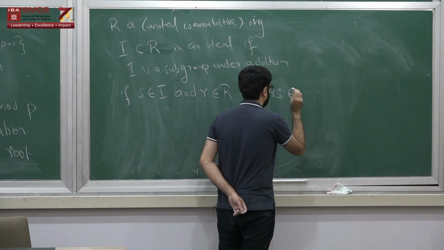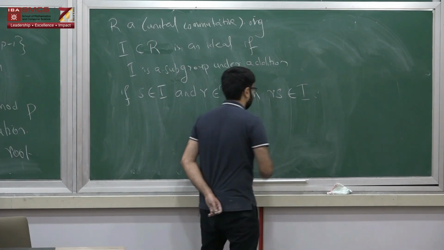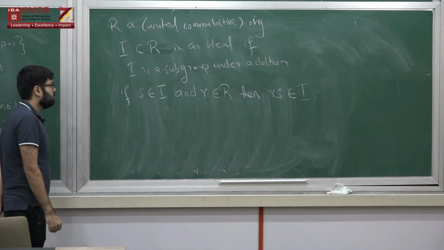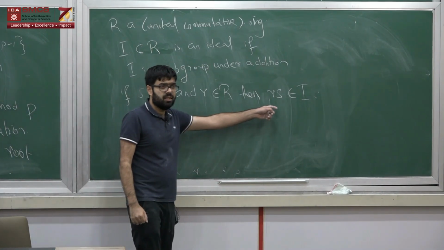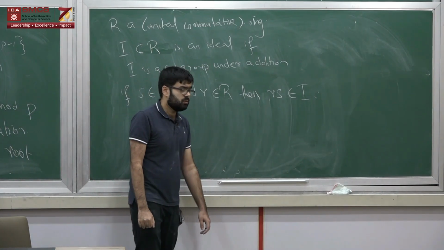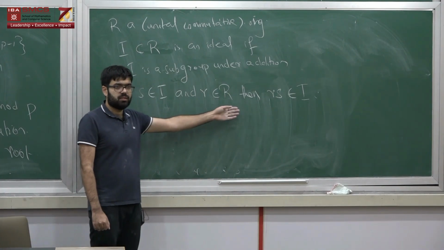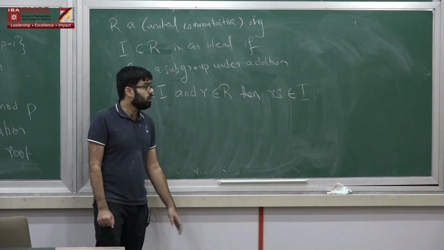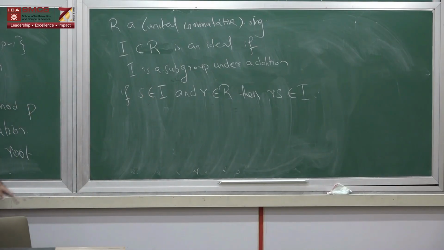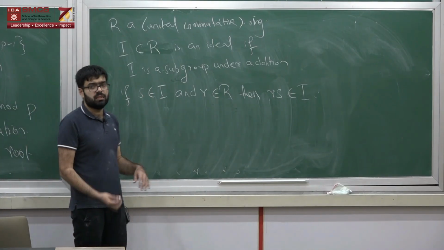is in the ideal. So this is a bit stronger condition than just saying that this is a subring, right? So subring would just say, okay, if both of these are in the ideal, then the product should be in the ideal, but this is a bit stronger condition.